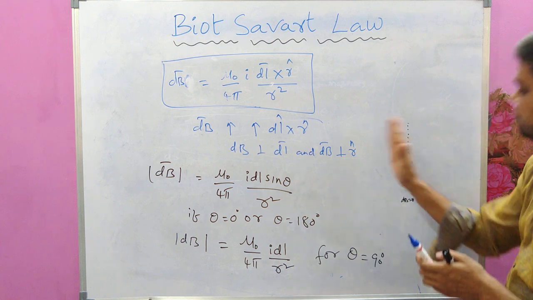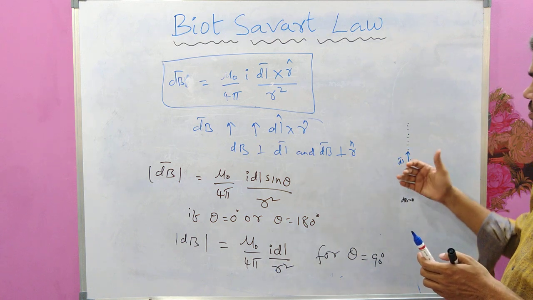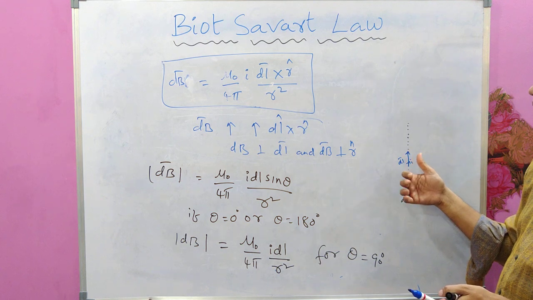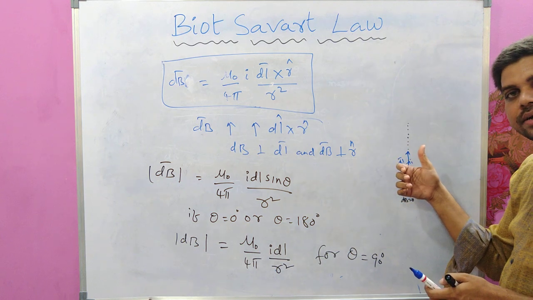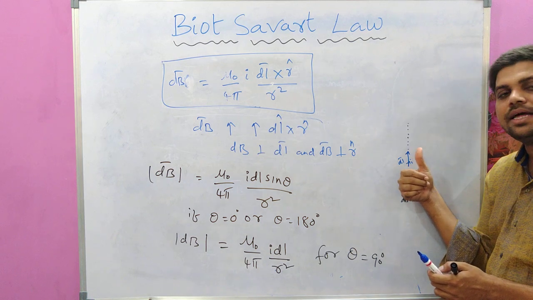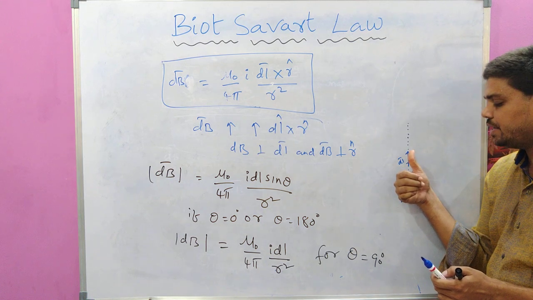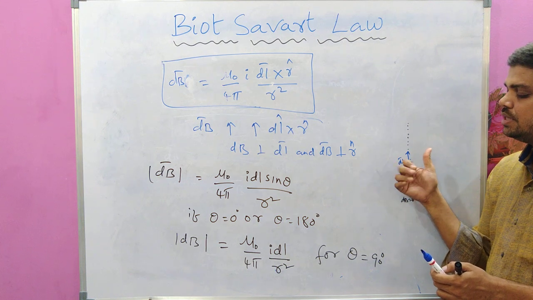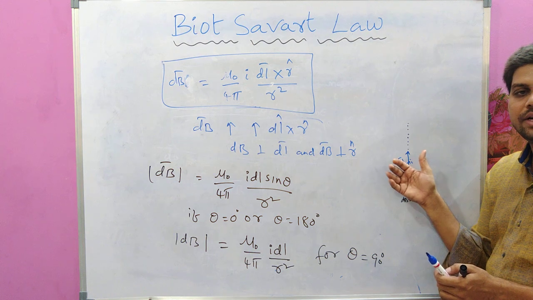Now to the left of this conductor, to predict the magnetic field direction, make use of your right hand like this. Your thumb representing the current direction, and these 4 fingers represent the magnetic field direction.